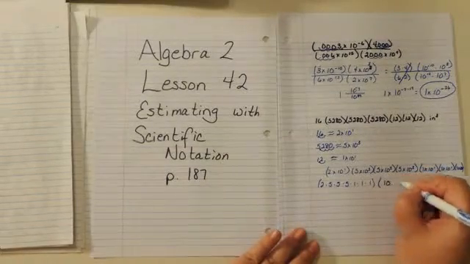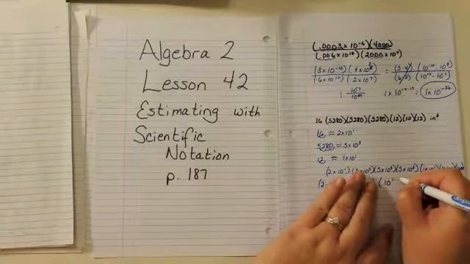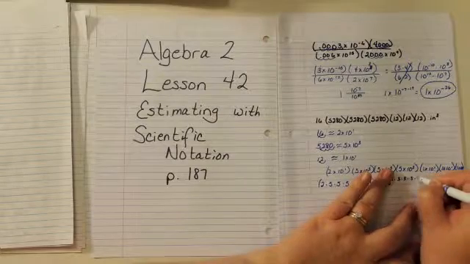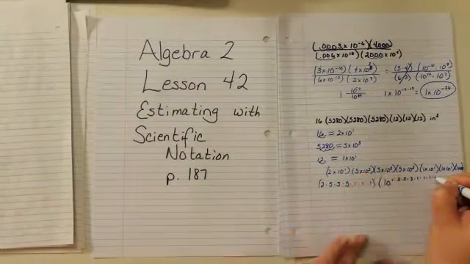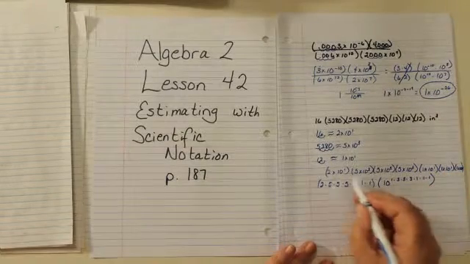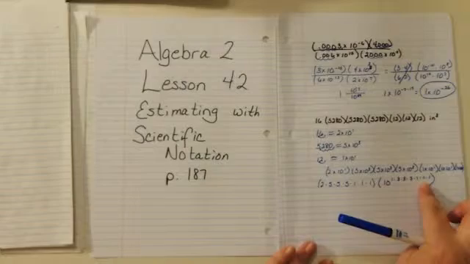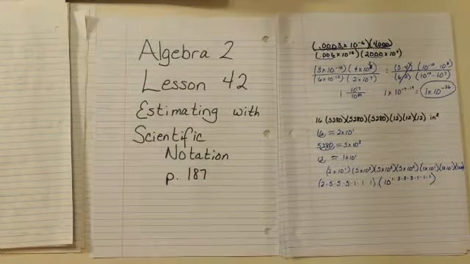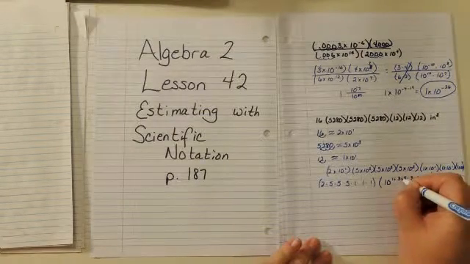Times 10 to the, and we're going to add the powers together. We've got 1, 3, 3, 3, 1, 1, and 1. Because we're multiplying these powers together, we're using the product theorem here, which means we're going to add all of the exponents together.